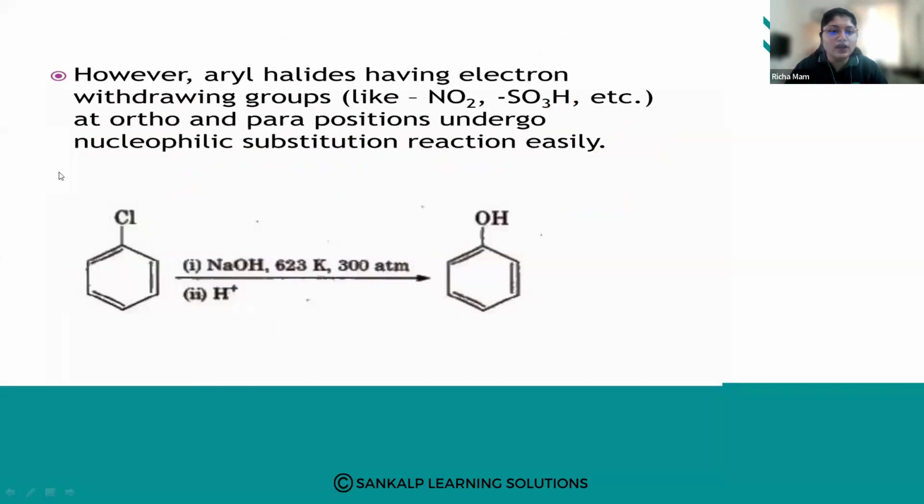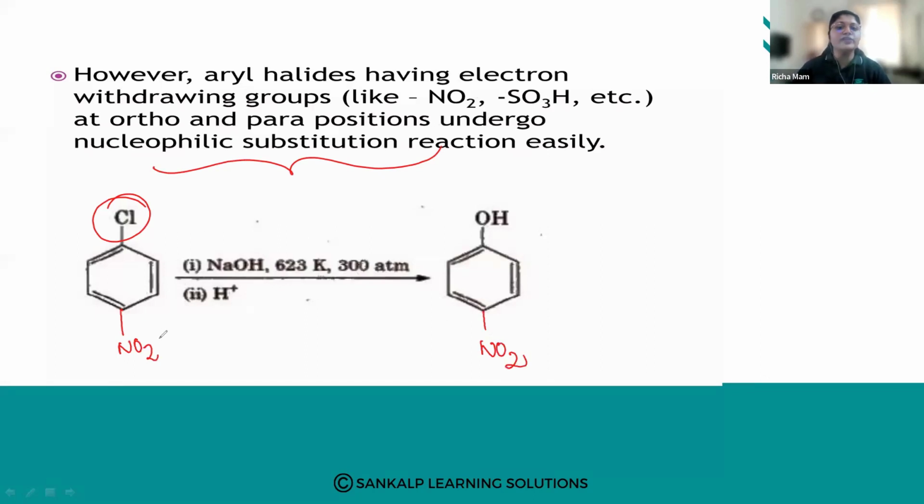However, aryl halides can have electron withdrawing groups. If on the benzene ring electron withdrawing groups like nitro group or SO3H groups are present at ortho and para positions, then it will undergo nucleophilic substitution reaction. Suppose I have NO2 groups here.